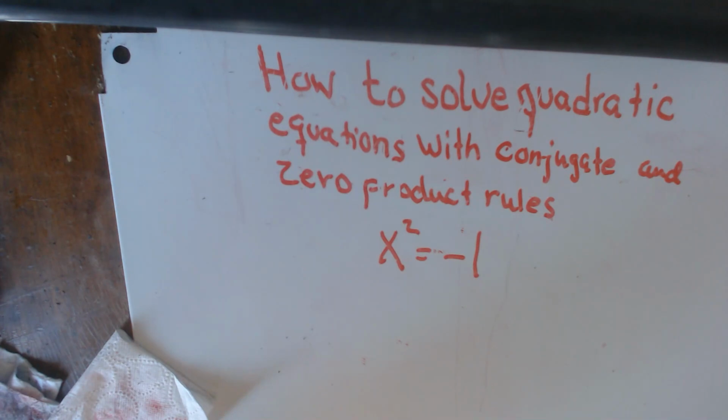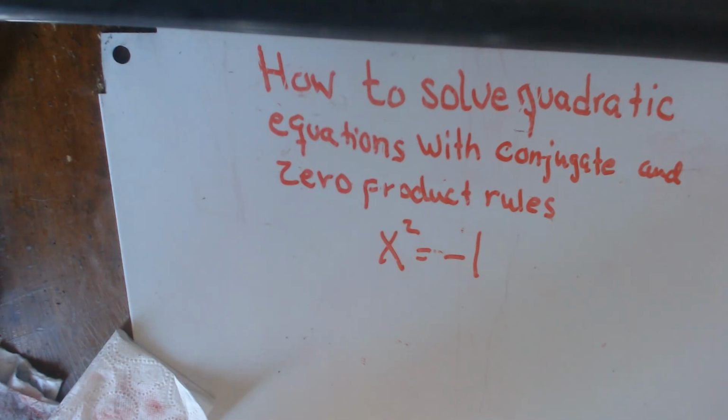How do you solve that? You know from school that there are no real solutions to it. But how can you solve it? There are two answers. It is a quadratic equation, so there have got to be two answers. But why don't we see them?